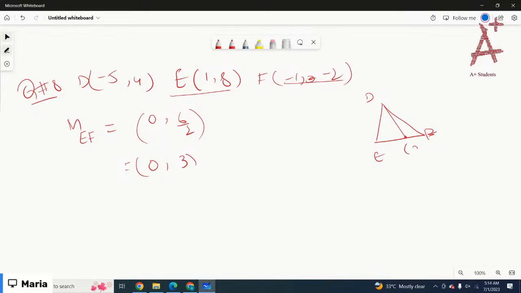Okay, so the midpoint is (0, 3) and D is (-5, 4). Let's calculate the slope of the median. It would be 3 minus 4, over 0 plus 5. 3 minus 4 is minus 1, over 5.